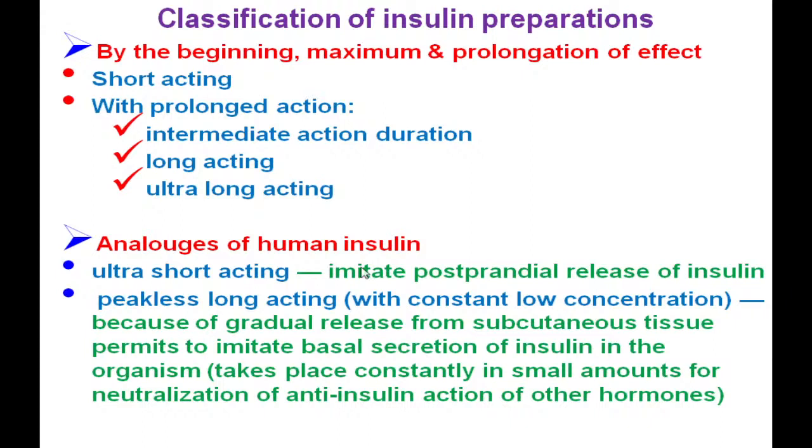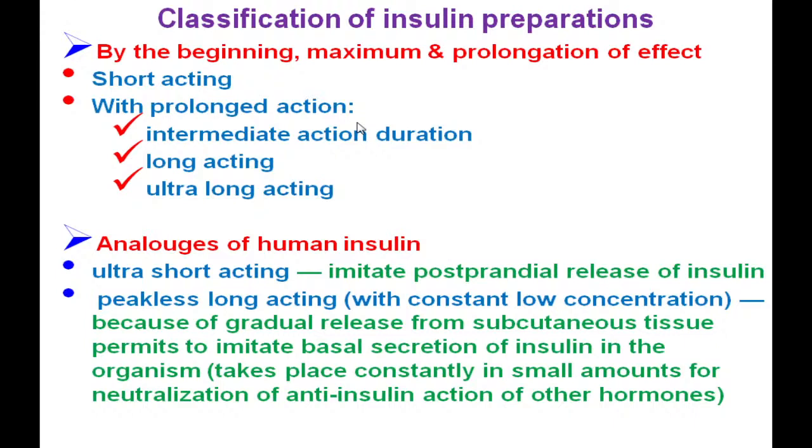But nowadays we have preparations of insulin with longer action duration. How? Regular insulin we call short-acting insulin, and there are insulins with prolonged action. How can we prolong? By adding to insulin specific supplements.